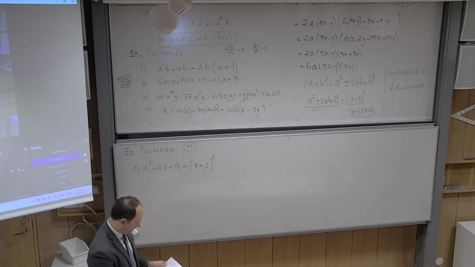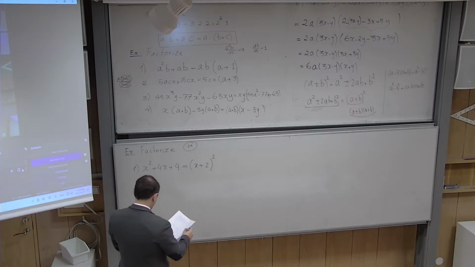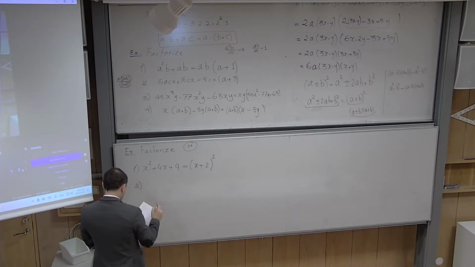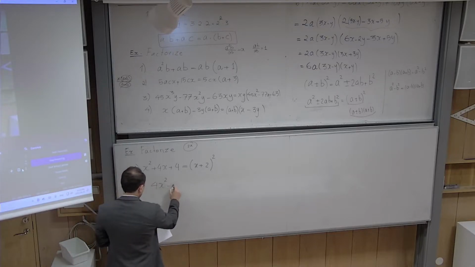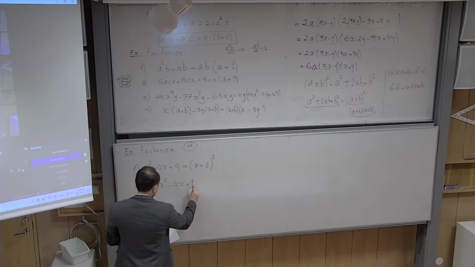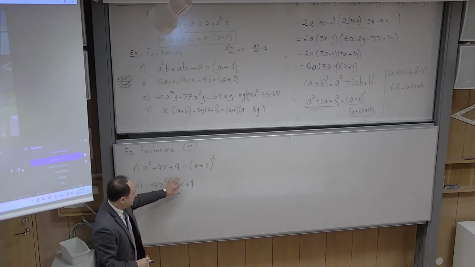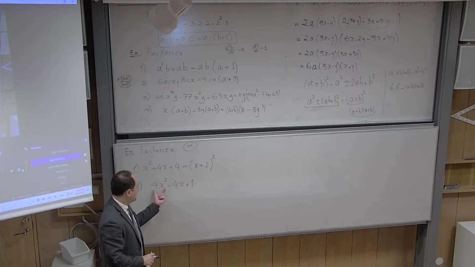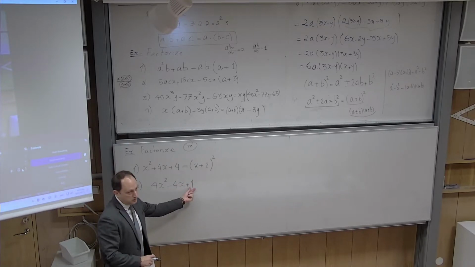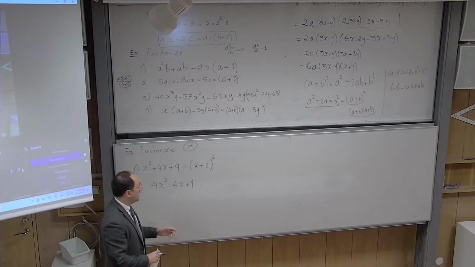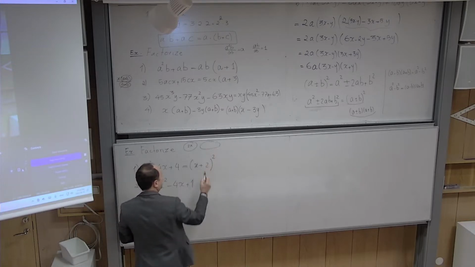It's very simple. For example, let me give you another one. Number 2, so what do you think about this? 4x squared minus 4x plus 1. Do you think I can also factorize this using the same rule? Again, I have a trinomial. Two of them are complete squares. But it is not enough yet. I have to check it at least in my head.